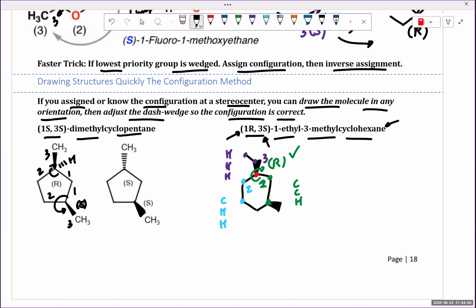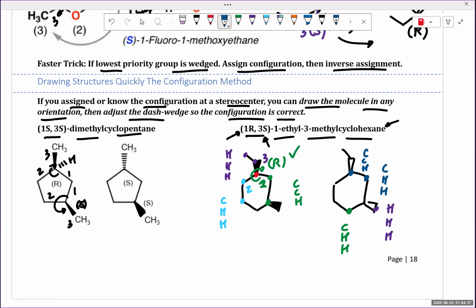Looking at the bottom stereocenter, let's see what we can see. First and foremost, we have another tie to break. So we look one carbon out. Here we have 3 hydrogens versus a carbon and 2 hydrogens versus a carbon and 2 hydrogens. Let's look one more carbon out to break the tie.